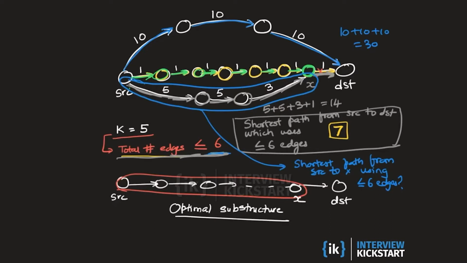completely independent path. And this is why Dijkstra's algorithm failed us in computing the shortest path distance from the source to the destination satisfying the given constraints. Even though it was able to compute the answer correctly up to x, it could not compute the answer correctly up to the destination because this property of optimal substructure was lacking.